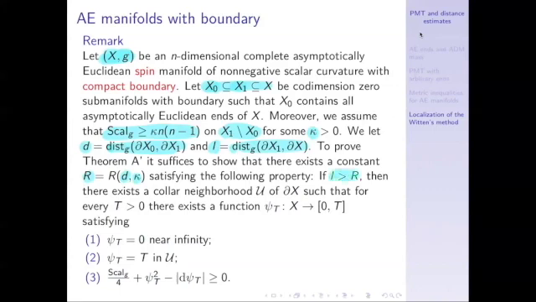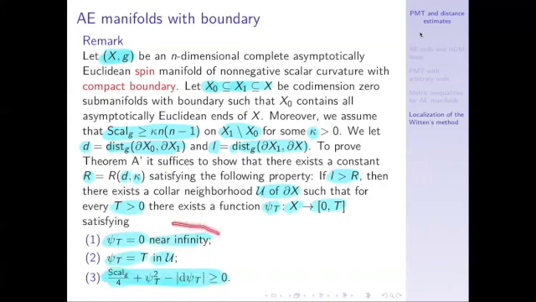So if L is greater than R, then there exists a collar neighborhood U of the boundary of X, such that for every t greater than 0, there exists a function psi t from X to [0,t], satisfying the following properties. So psi t is equal to 0 near infinity, psi t is equal to t in the collar neighborhood U, and moreover, psi t satisfies the following differential inequality.